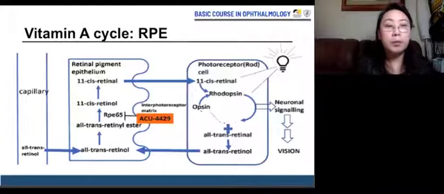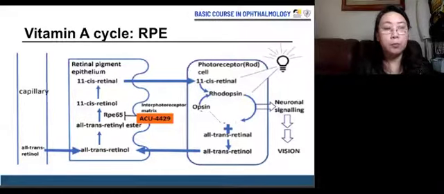The RPE is important in the visual cycle due to its role in the vitamin A cycle and in regeneration of bleached photopigments. Vitamin A in the form of beta-carotene in food is absorbed in the gut and it's split into 2 all-trans retinol, which is stored in the liver.